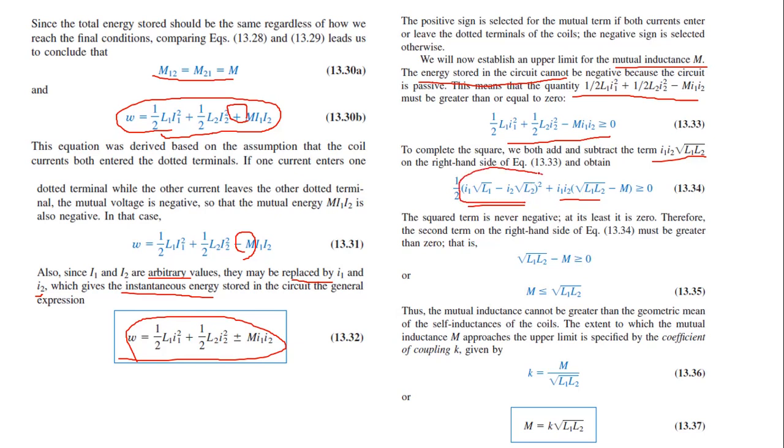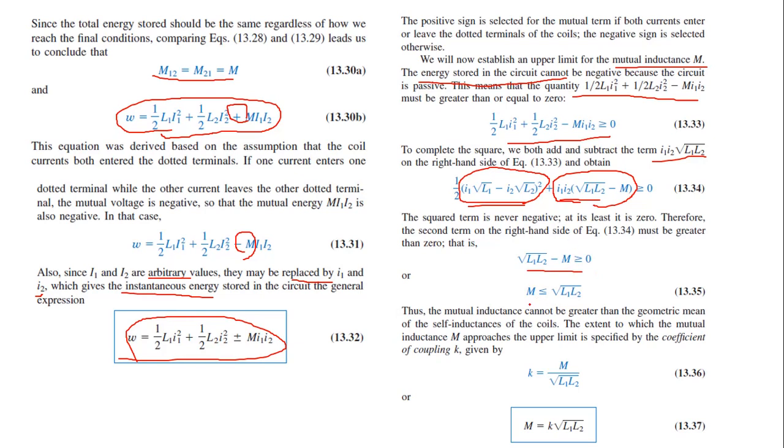You expand this and you will see the addition of this term plus the subtraction of this term included in this equation. Okay, so here the square term is never negative, so at least it should be 0. Therefore we are going to look at this second term. This second term should be greater than or equal to 0.